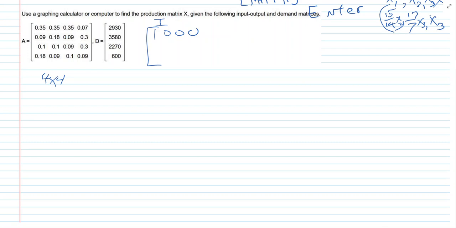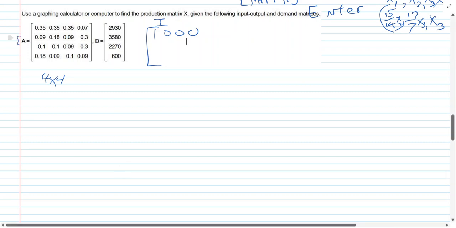Here's our problem that I'm going to continue with. Use a graphing calculator or computer to find the production matrix X given the following input, output, and demand matrices. So we started with this being our matrix A entry, which is a 4x4, and we need our identity matrix.